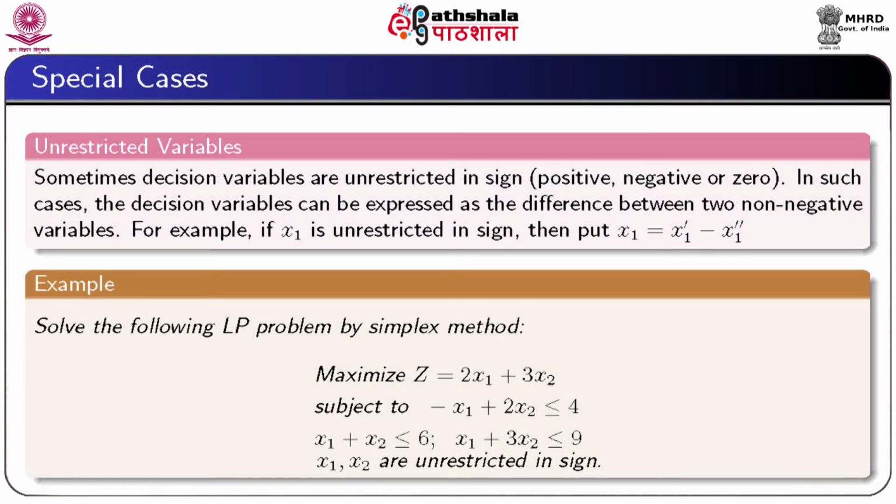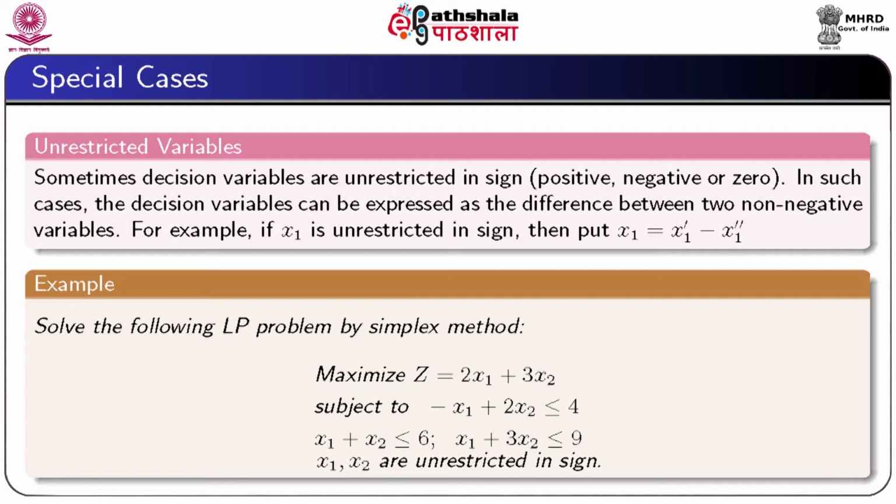Next, we come to the special case of LPP having unrestricted variables. Sometimes decision variables are unrestricted in sign, that is, decision variables are positive, negative or 0. In such a case, decision variables can be expressed as a difference between two non-negative variables.